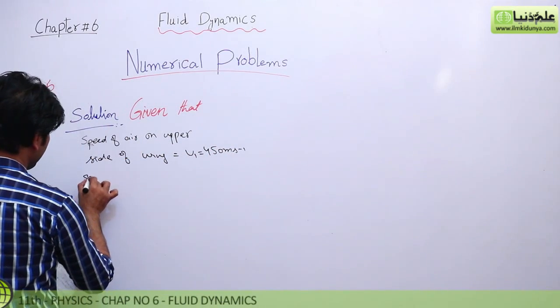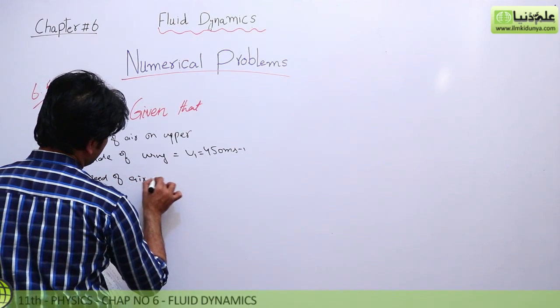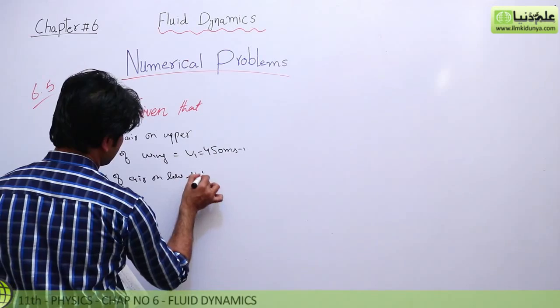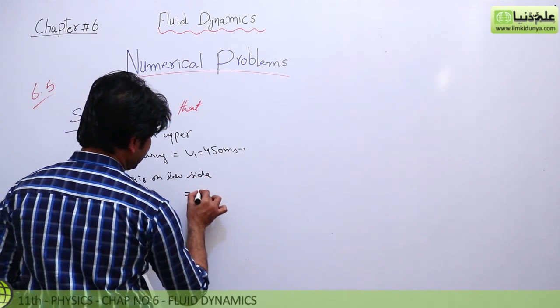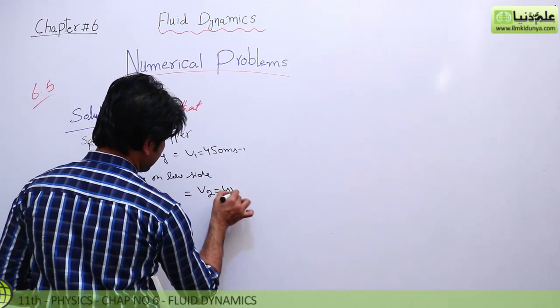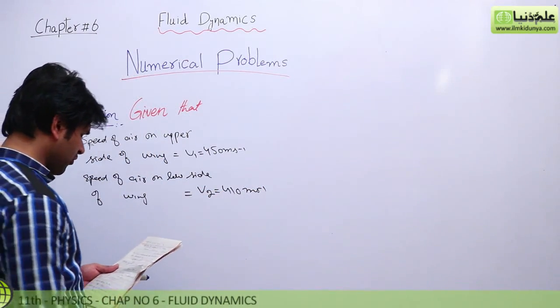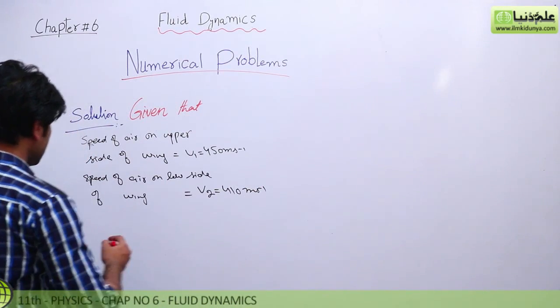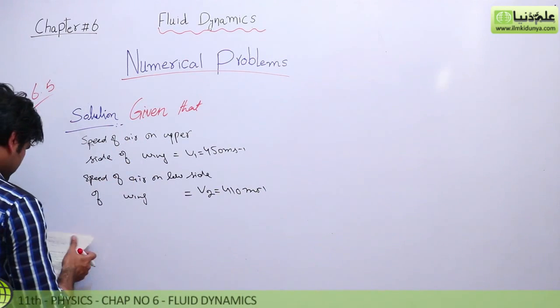Now the speed of air on lower side of wing, you can write as V2, which is given as 410 meter per second. What will we have to find out? We will have to find out, dear students, the pressure difference between upper and lower side of the wing.